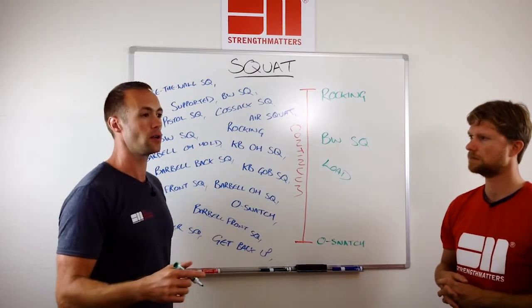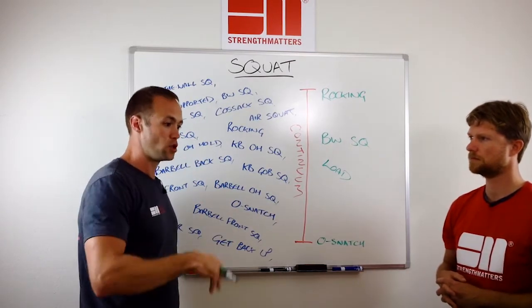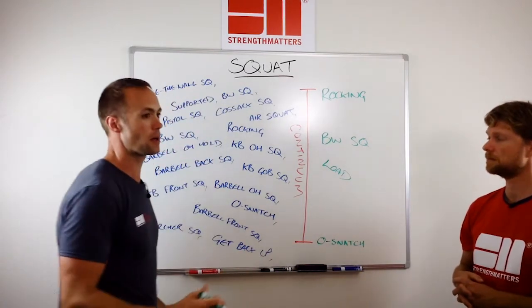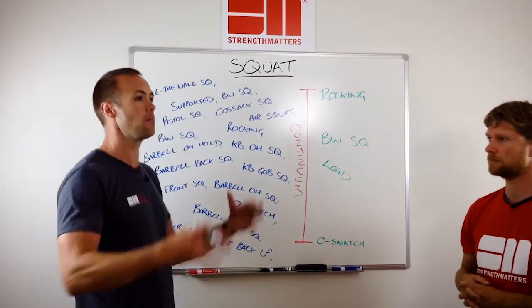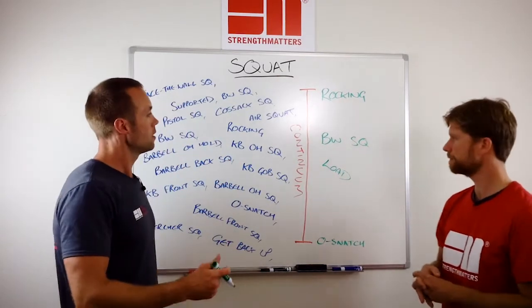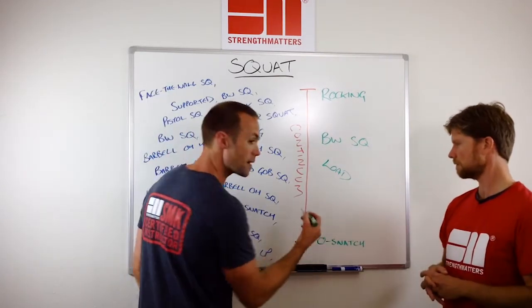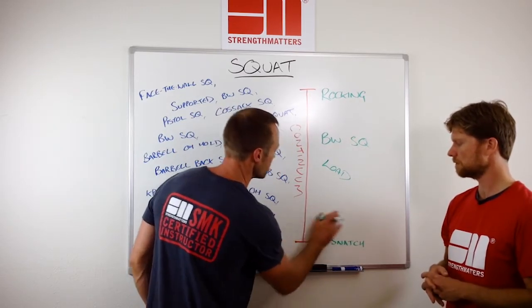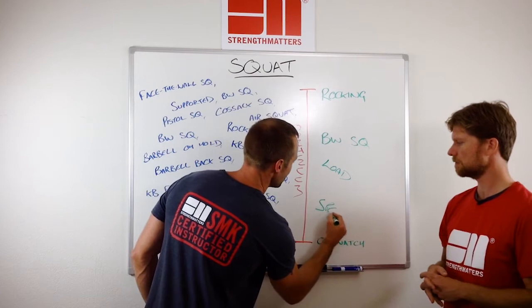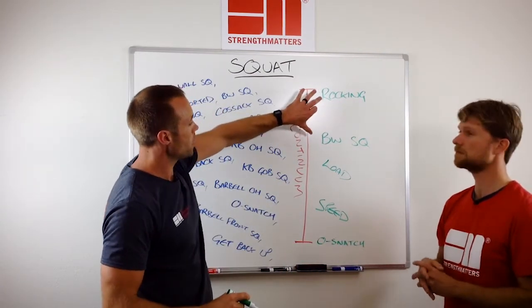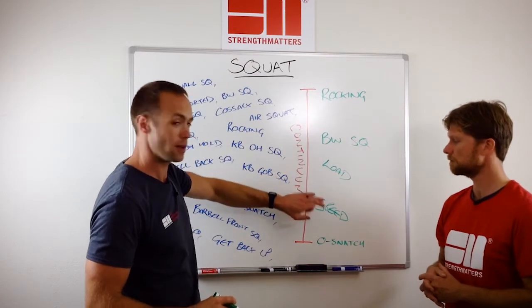Also up there, you've got jumping, like box jumps, or being able to jump up onto something or jump down from something and decelerate. So that's adding speed to the equation, right? First you've got to master body weight, then you add load, and then you add speed.